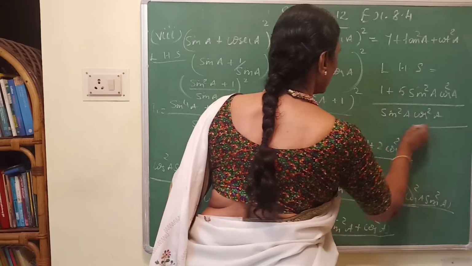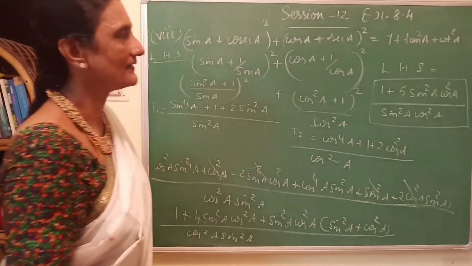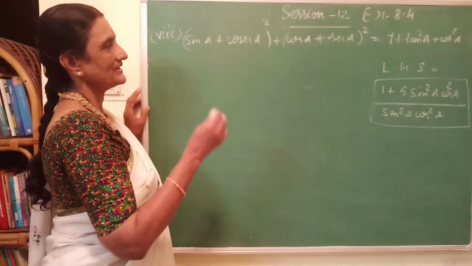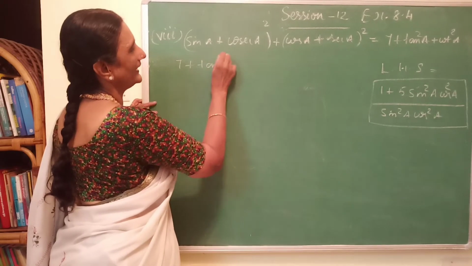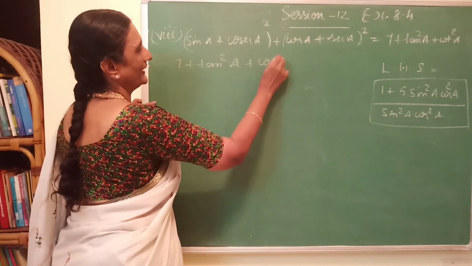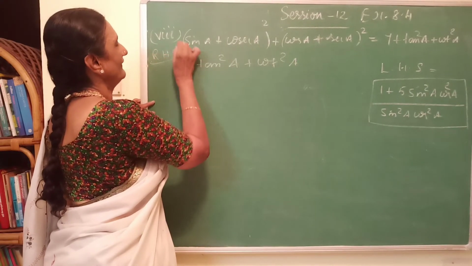Children, now here 7 plus tan square A plus cot square A, that is your RHS. Let us see how to simplify that.